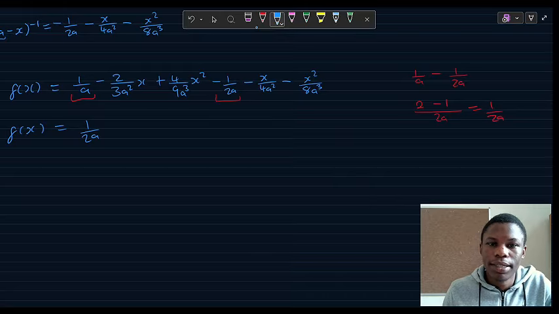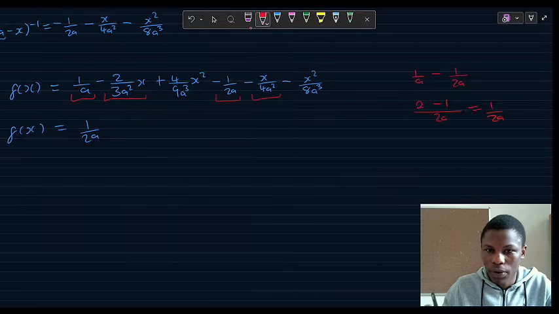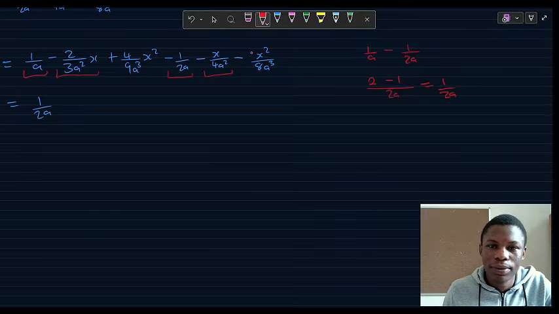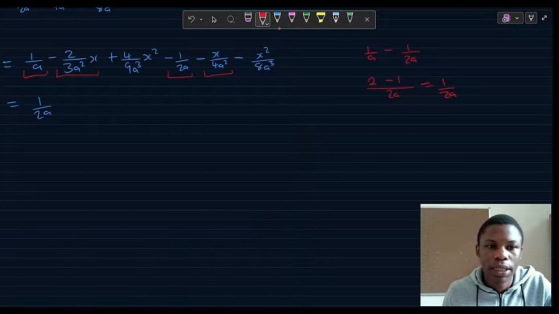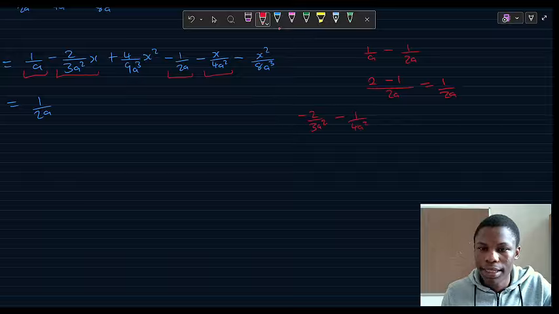Now let's do the terms in x. So that's the negative 2 over 3a squared x minus x over 4a squared. We can ignore the x's for now because we know the coefficients. The coefficient there is just going to be x. So that's negative 2 over 3a squared. And then I've got negative 1 over 4a squared. Again, the idea is the same.